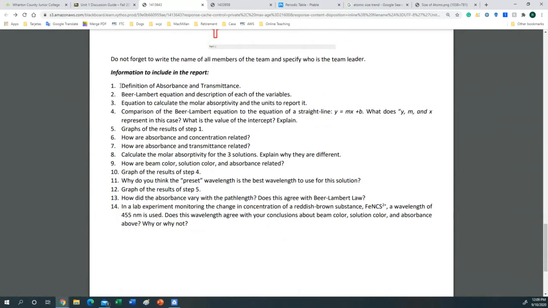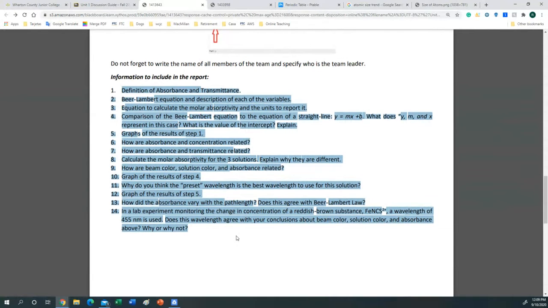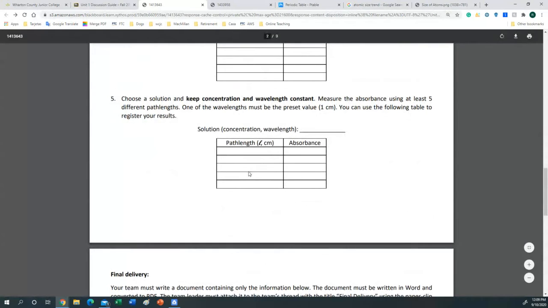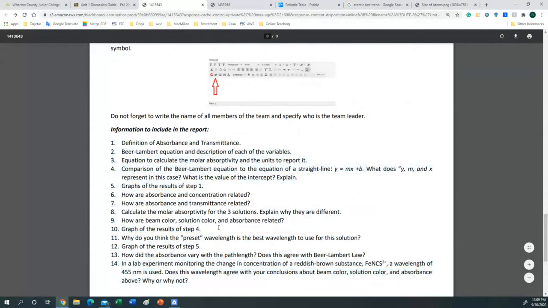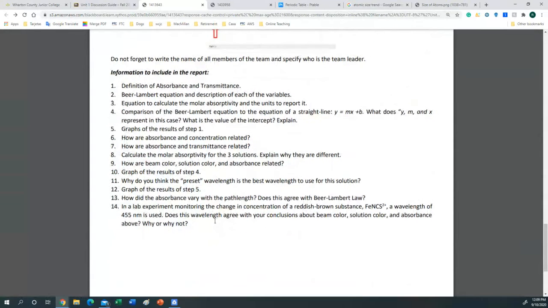Now, this information here might not be exactly the information from the experiment. It's gonna be more like conclusions, observations. How can you relate these values here to something else? So you guys have to think a little bit more about what you did, right?